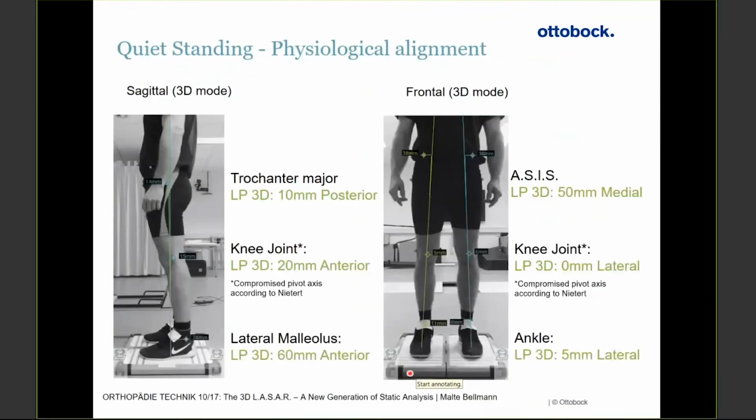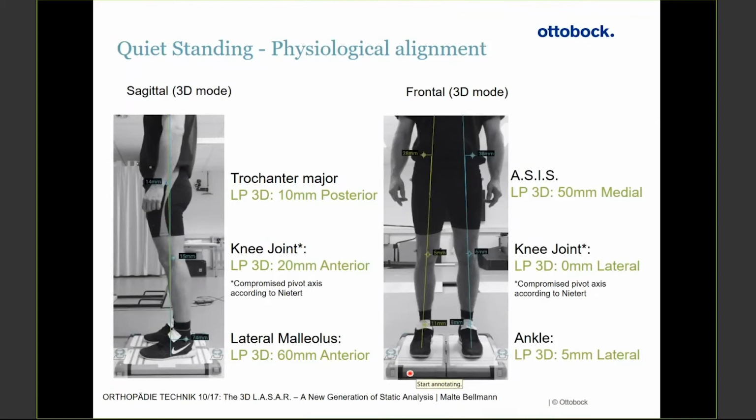So for practical application in prosthetics and orthotics, when we have a look at the averages of healthy subjects, it can be really helpful. These results here are from a peer-reviewed study in 2018 by Bellmann. He got a group of 50 neurologically and orthopedically unremarkable subjects, and he examined them for a standardized baseline situation.